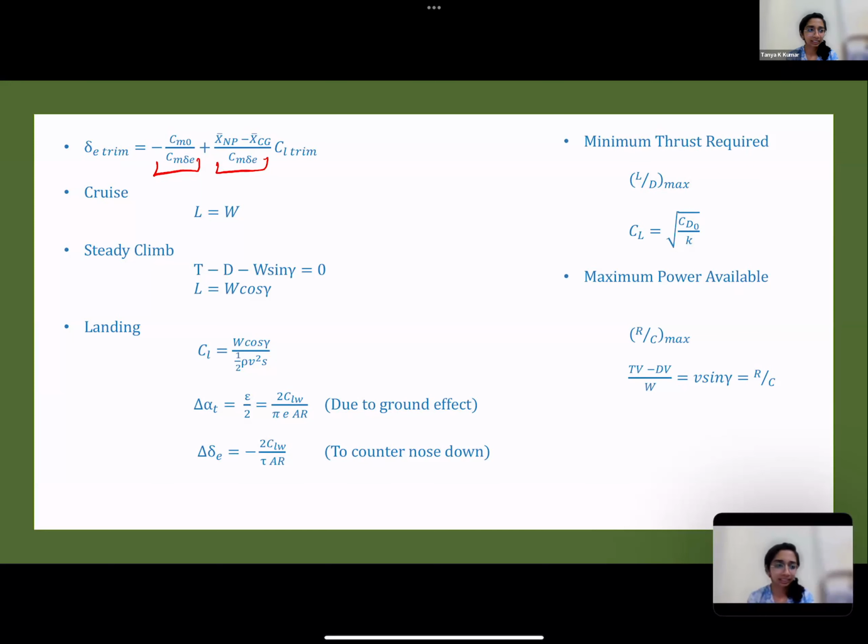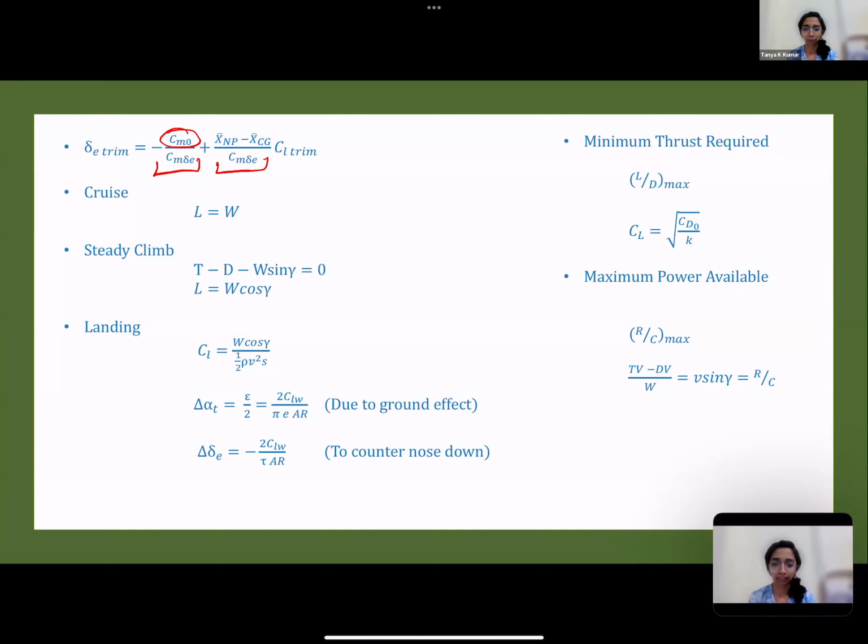We had discussed this and I had gotten correct responses the last two or three times. Can someone just tell me anything they know about CM naught? This numerator, this one. If not, please do Google it and tell me.